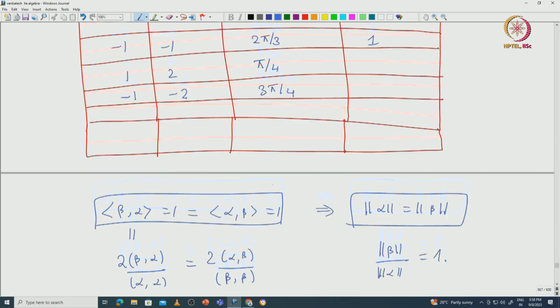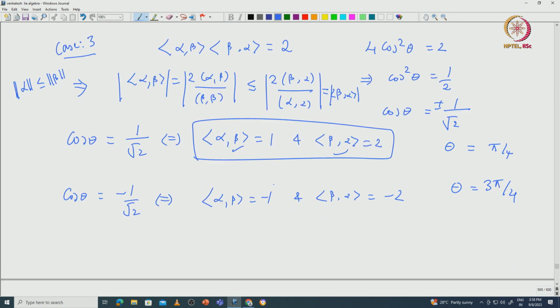You can also see that the ratio between the norms is going to be just 2; this 2 will appear as the ratio. That is because, what will be the ratio? If you take the Cartan number beta alpha divided by the Cartan number alpha beta, this is exactly twice beta alpha divided by alpha alpha times alpha alpha divided by twice alpha beta.